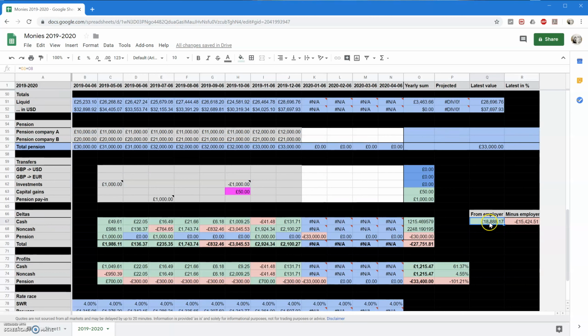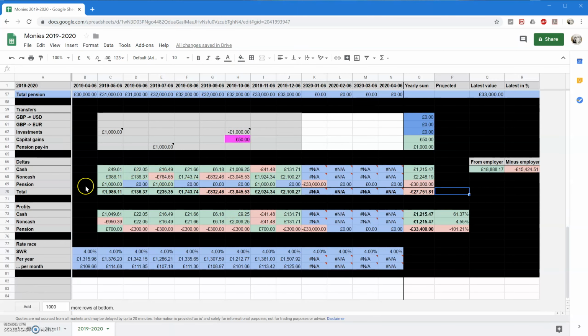So in this example, I got 18,000 over this year from my employer after tax. And if you look at how my net worth changed, it did go up. I hope I made the example in that way. If we go to deltas, total delta is, well, this is wrong. It should be the latest value.